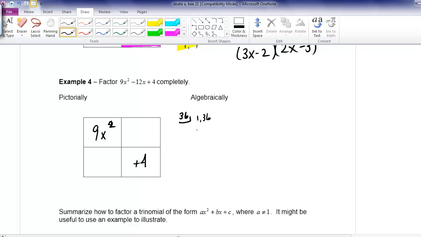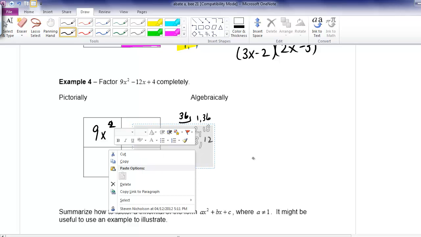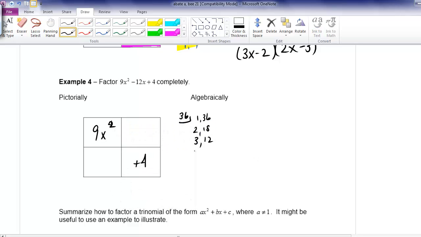Well, 1 and 36, 2 and 18, 3 and 12, 4 and 9, 6 and 6. So 6 and 6 add up to 12. So this is the one we want. We want the negative 6 times negative 6. And what we can do then is we can break apart negative 12x into its two pieces.